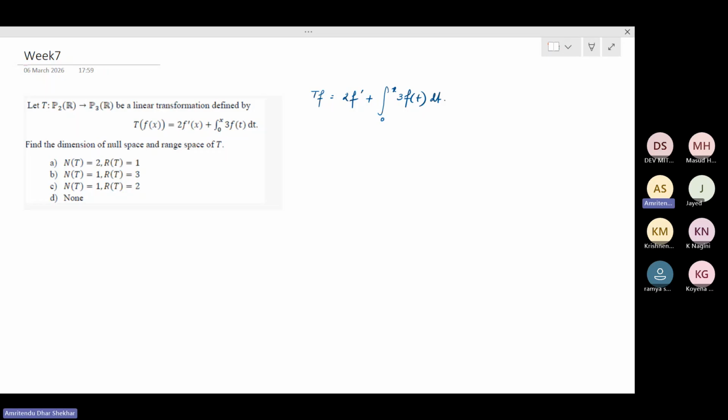Now, first of all, why is this a linear map? Well, it is a linear map because the derivative operation is a linear map.